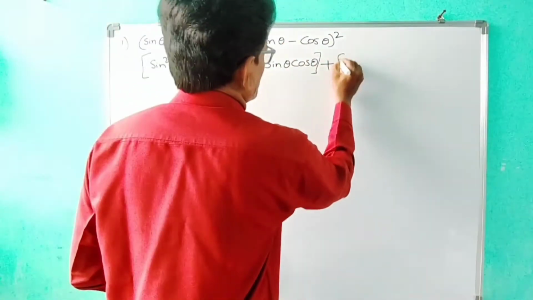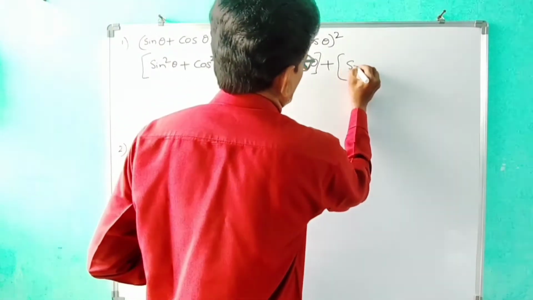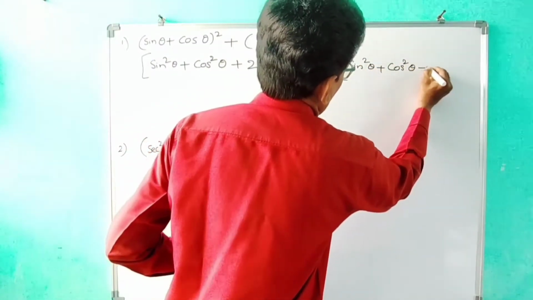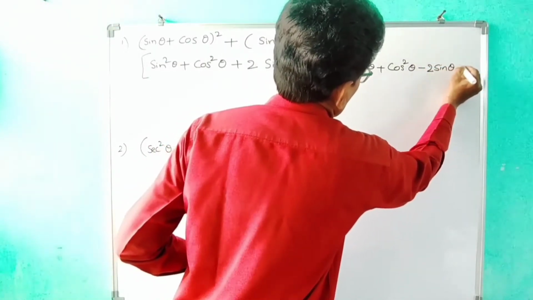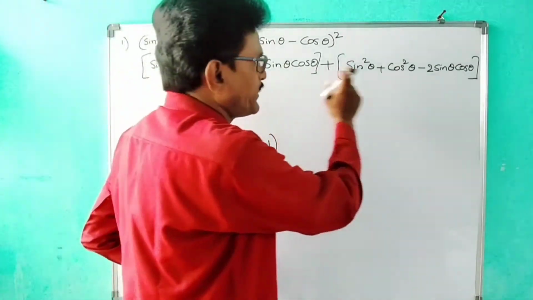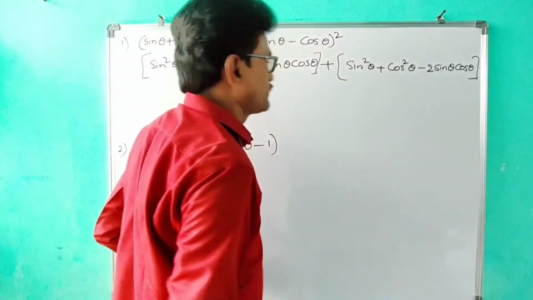The second part, (a minus b) whole square, is also sin square theta plus cos square theta minus 2 sin theta cos theta. So a square plus b square plus 2ab, and a square plus b square minus 2ab, like that.